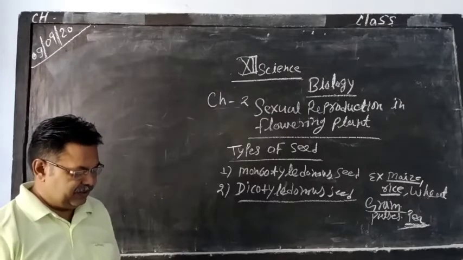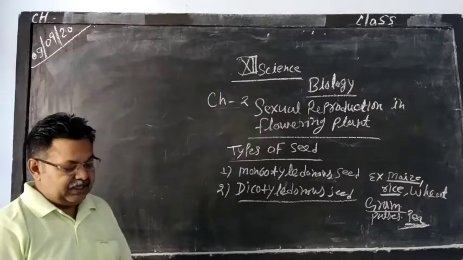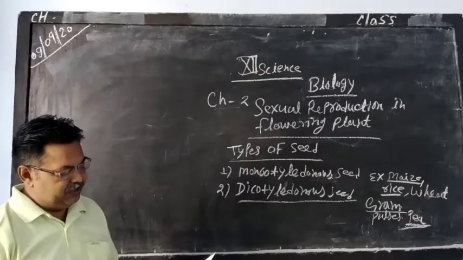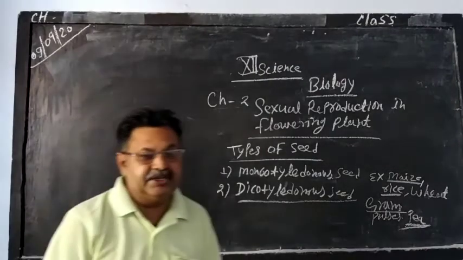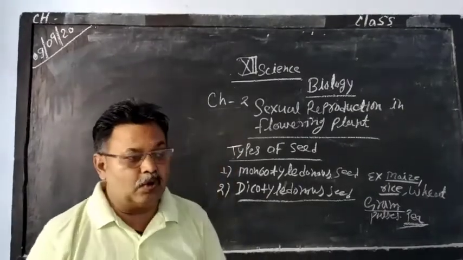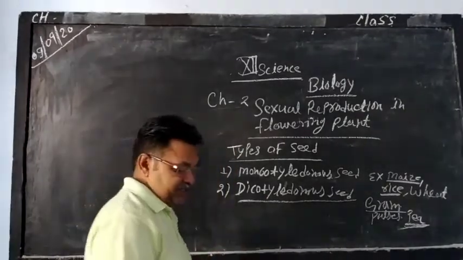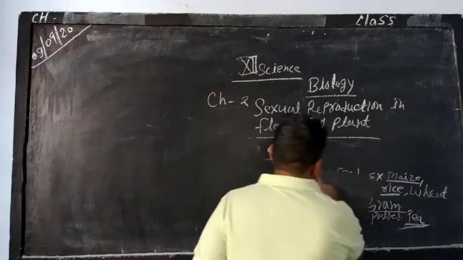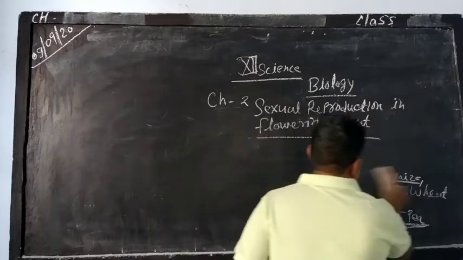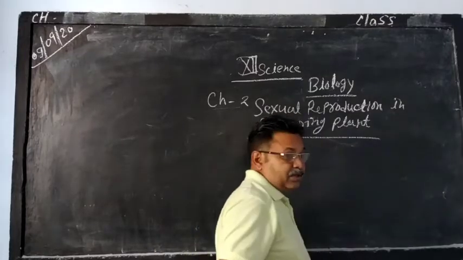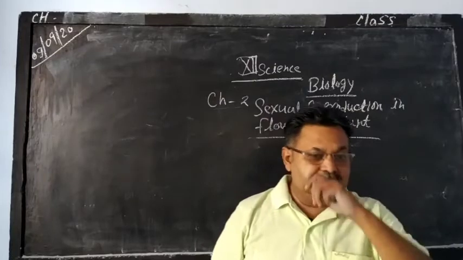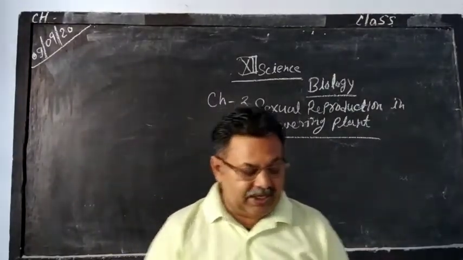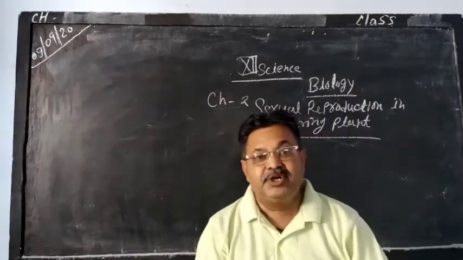Now we discuss the difference between monocot and dicot seed. Monocot seed has one cotyledon and dicot seed has two cotyledons.